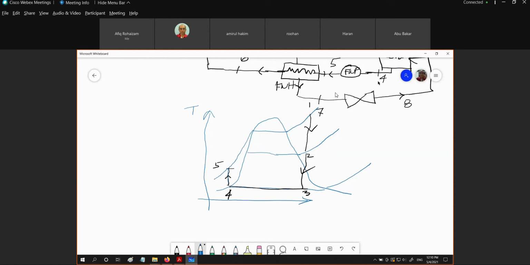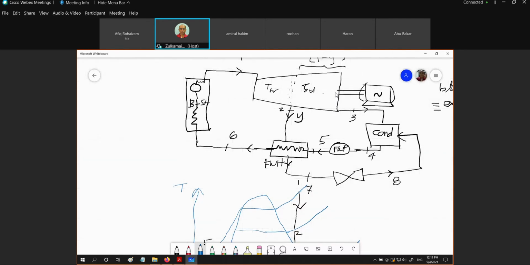Okay, and then after that, from 5 to 6. This is the tricky part. Now from 5 to 6, we are going to have the increment of temperature because of this feed water heater. The feed water will be heated by the extracted steam.